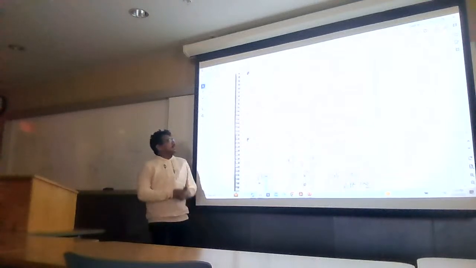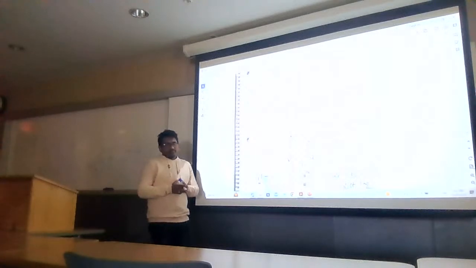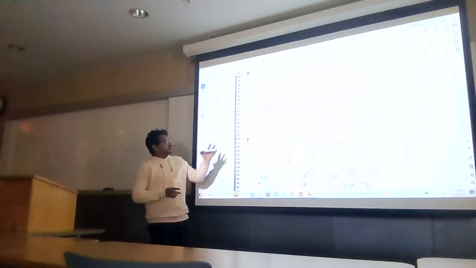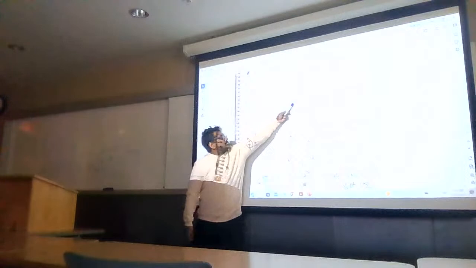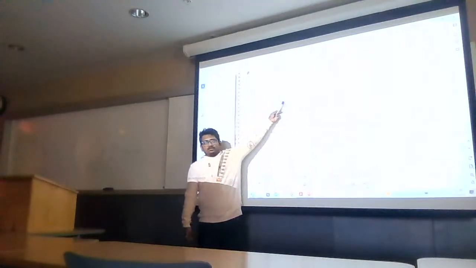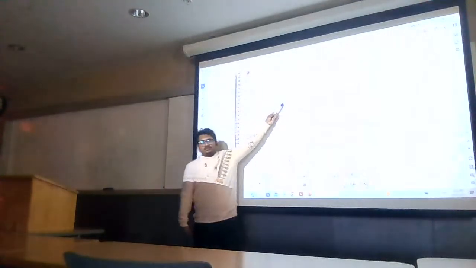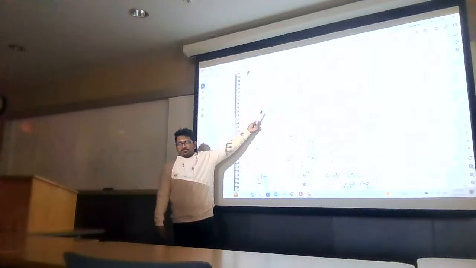Now let's talk about the differential pair. So, what is this circuit? No, only this portion. Common source amplifier.